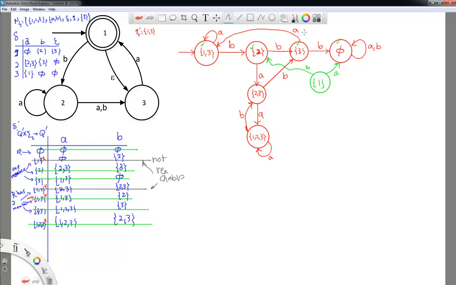Actually, I probably should have drawn these with gray too. With A, with B, this guy is going to go there. So state 1 and state 1, 2.